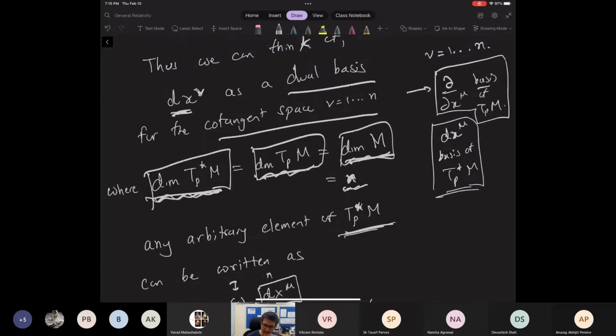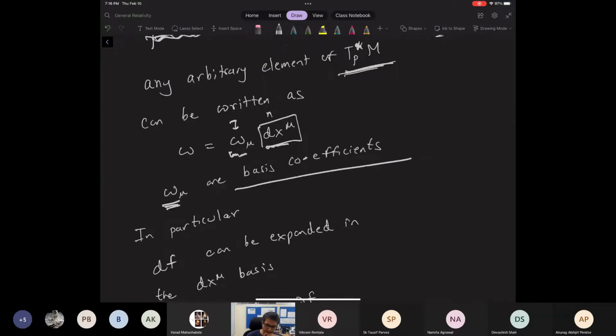In the basis of vectors, we use an upper index mu on the partial x mu. On this basis of T_P star M, we use an upper index mu on dx mu. This is just a convention, but we'll stick with it. Therefore, we write the dual vector coefficients as omega with a lower mu, and vector coefficients we write with an upper mu.